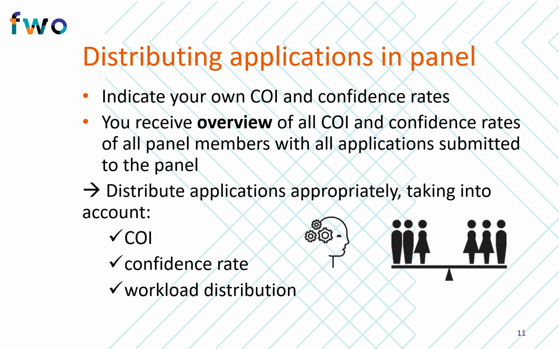We provide you with these so-called levels of confidence in order to facilitate the distribution of the review duties across the panel members. When distributing the applications, we ask you to consider potential conflicts of interest, the indicated confidence rates, and to take care that the workload is distributed more or less evenly across the panel members.